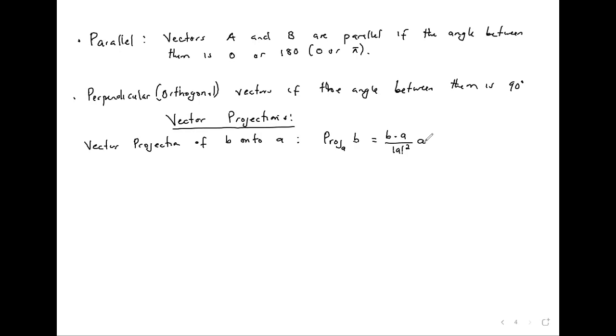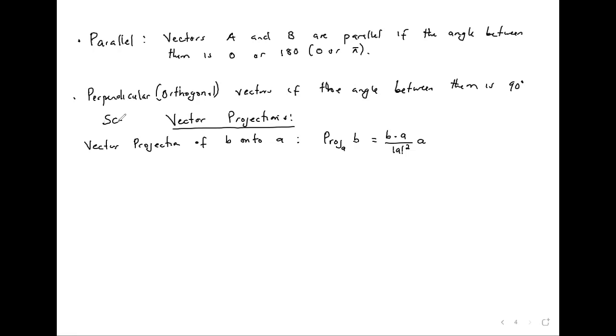The top one is a dot product. The down one is the magnitude squared. And then multiplied by vector A. So the projection of B onto A, in the formula, B only appears once on the dot part. Then we also have scalar.